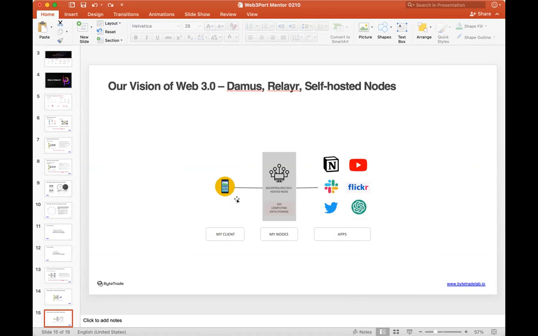do in the future. So imagine bringing the layer 1, layer 2 concept of blockchains to, say, Notion, YouTube, Slack, and even ChatGPT.